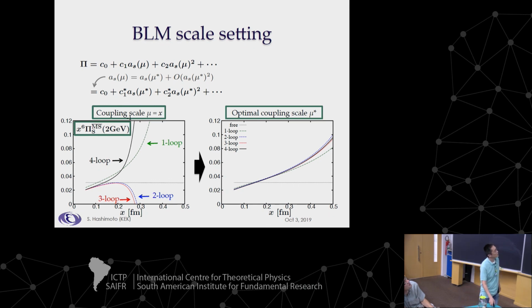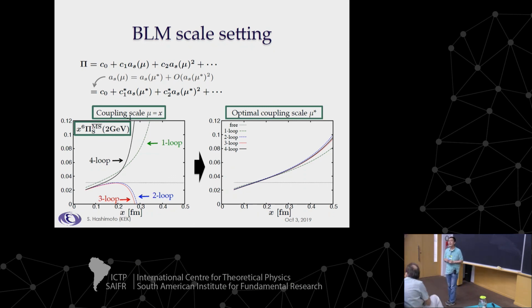But what is the value of mu star? I don't remember, but it was something like 2 point something over x. So at 0.5, it's still more like 1 GeV. So for each value of x, you are using a different mu? Yes.